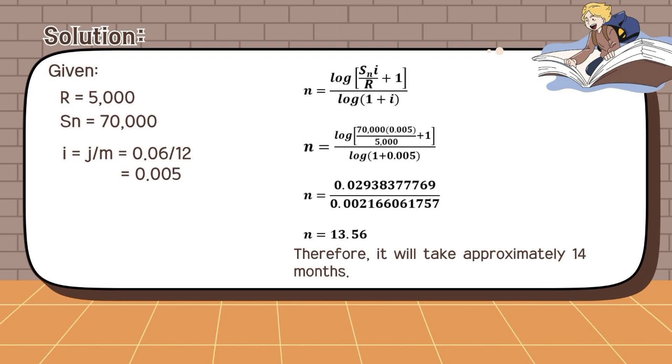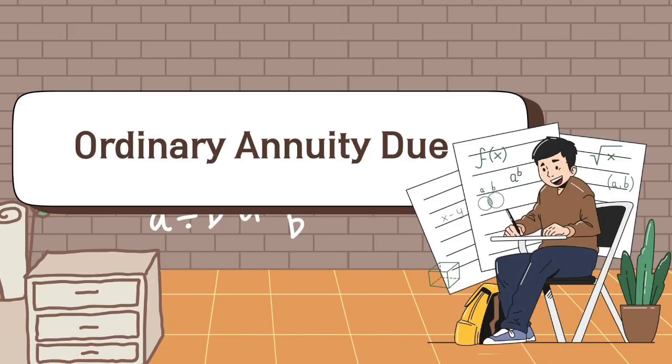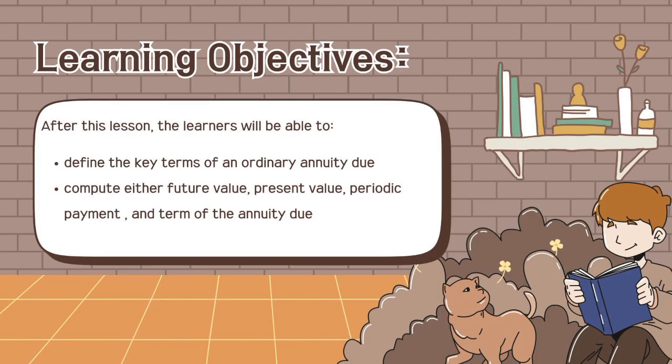Now that we understand what an ordinary simple annuity is, let us proceed to annuity due. Having our learning objectives, we have to define the key terms of an annuity due. Second is to compute either the future value, the present value, and also the term of the annuity due.